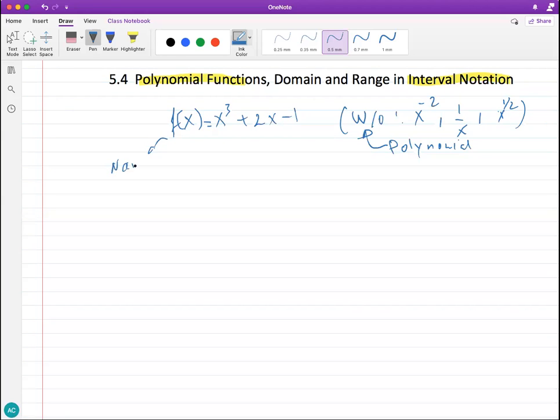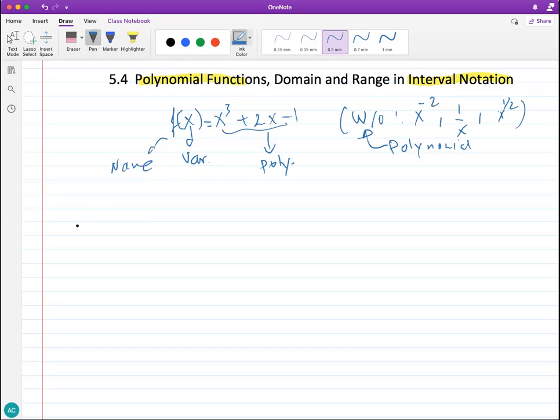It could be any letter. This, of course, is the variable. And this is basically the expression of the polynomial. So that's what a polynomial function is. They're very similar. Whatever we did before with polynomials, we do with these. We can add them, subtract, multiply, divide, and everything else.